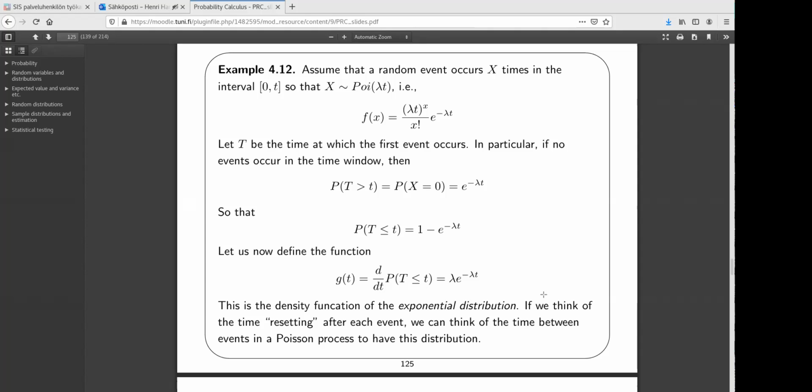And it would have this 3 times e to the minus 3 times t, where t is in days. We get the density function for the random variable that measures the number of days between two car crashes. We could shorten this into hours, in which case lambda would be some relatively small number here. I think about 3 divided by 24, right?